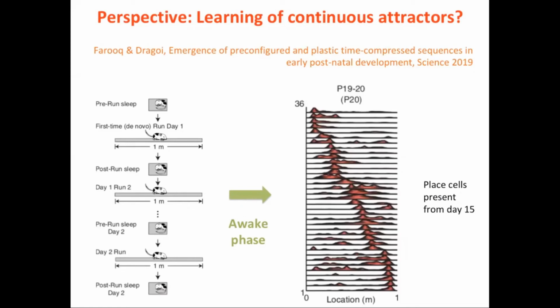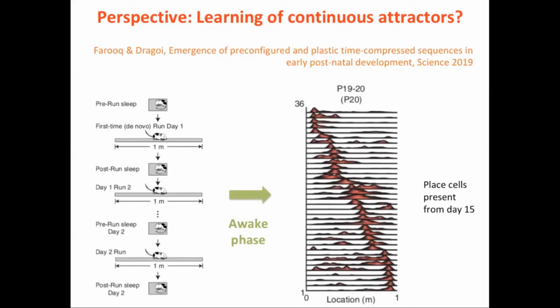So you can measure the activity of hippocampal cells when the newborn animal is running from one side of the track to the other. Here you see that cells have place fields, ordered according to position from left to right of the environment. Of course, they may not be as nicely defined as in adult animals. They may be a little bit broader, but essentially they are localized in space.